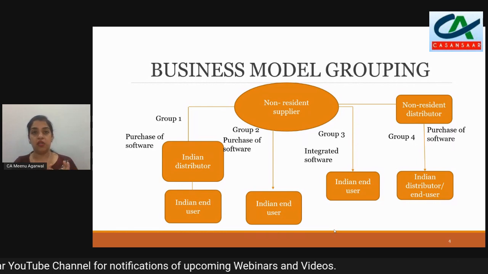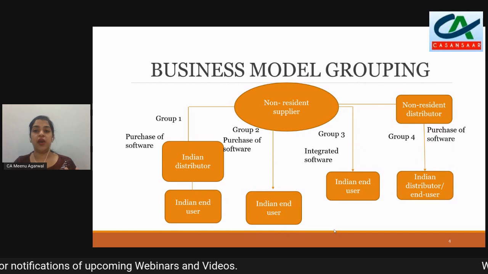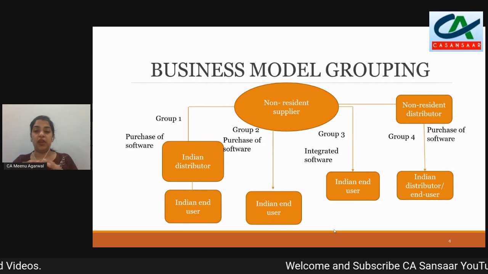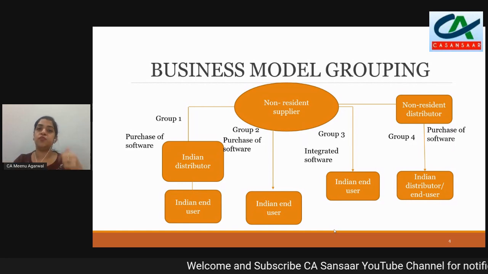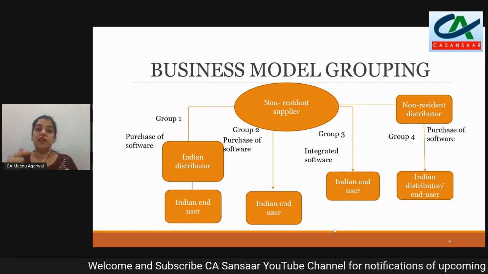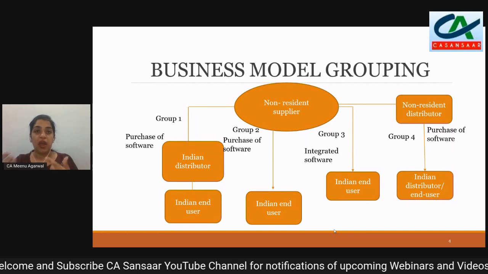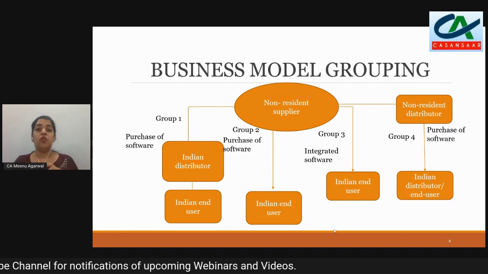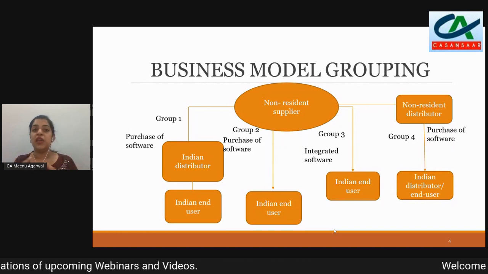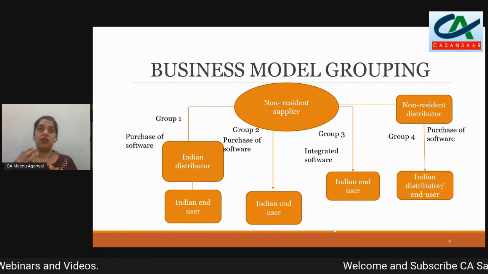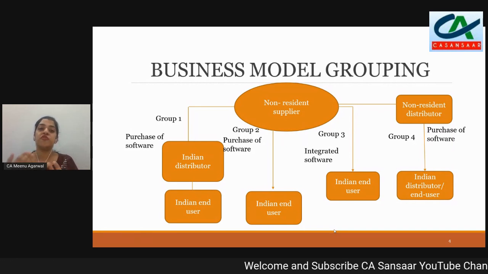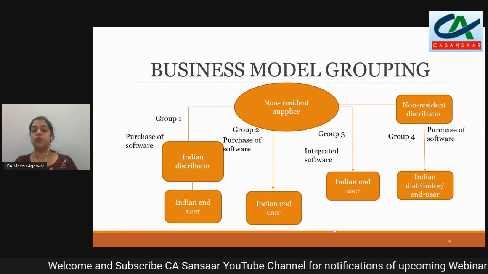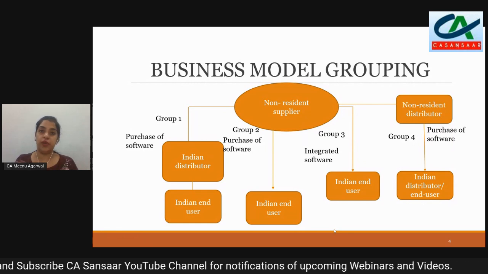In the last category, those assessees were grouped wherein the non-resident distributor first purchases from the non-resident manufacturer and further sells it to the Indian distributor or the end user. In all the appeals, the main matter was whether such payment for the purchase or use of software should be treated as royalty and tax should be deducted accordingly under the Act or as per the DTAA.